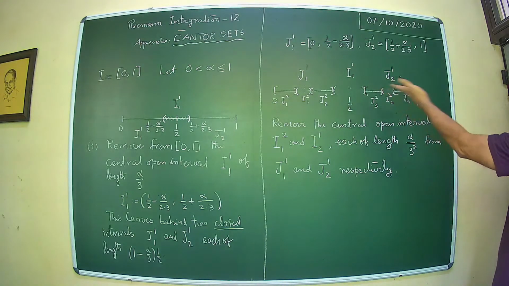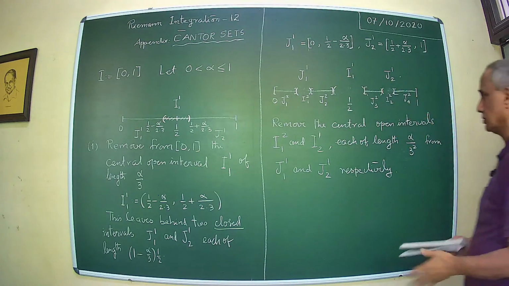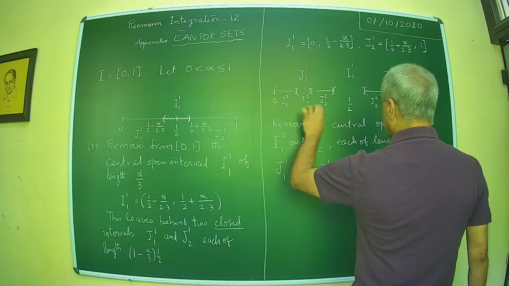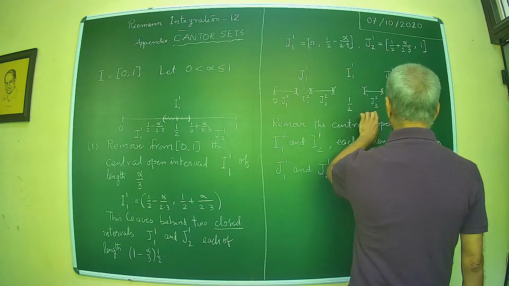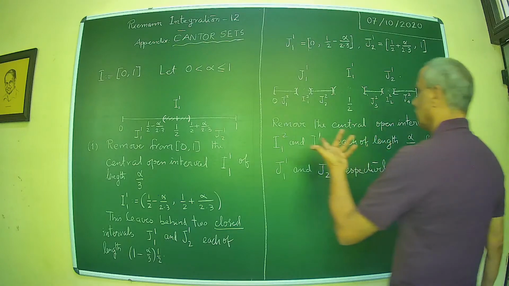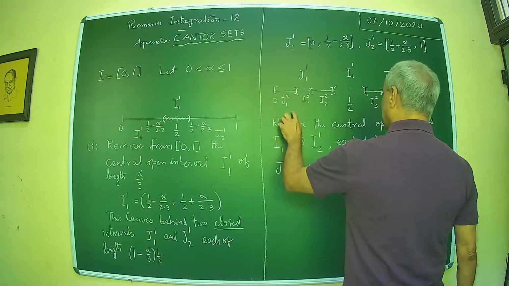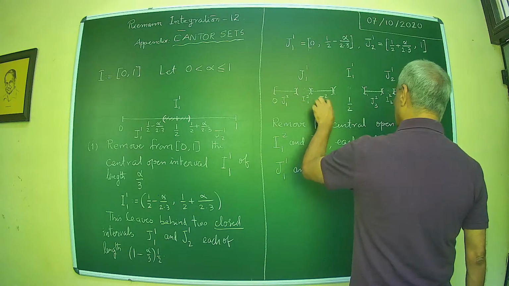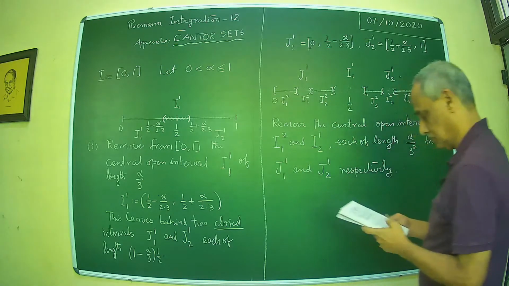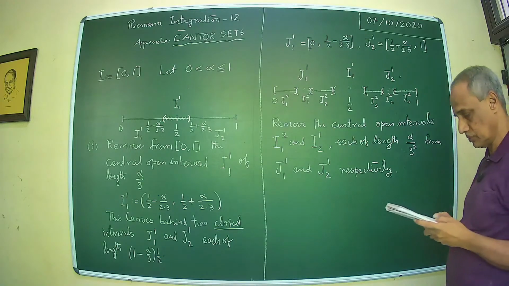So the first and second stage are fused into this. So what is left is J21 union J22 union J23 union J24. So that's the leftover.